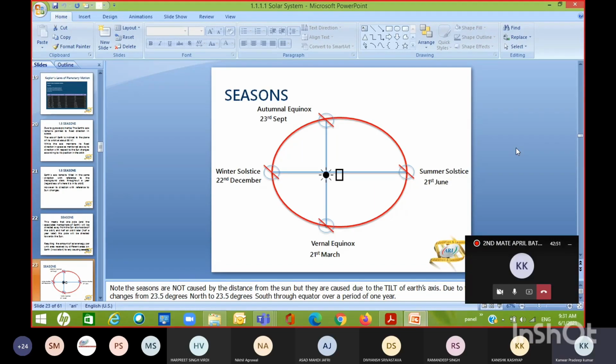And if you look at the right position of the earth, the axis remains pointing to a fixed direction in space. So now you will see the north pole is pointing towards the sun and the south pole is pointing away. So here it's maximum north declination, shining directly over the Tropic of Cancer, 23.5 degree north. So this is how the declination of the sun changes.